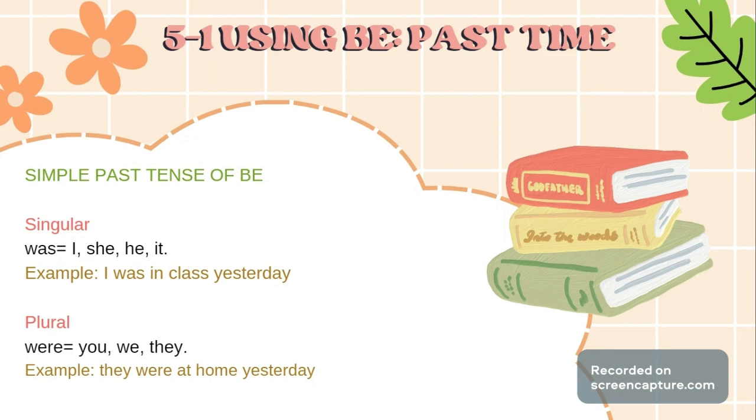We use was. The past forms of be are was and were. Was for singular and were for plural. Example: I was in class yesterday. And for plural, were. You, we, they. Example: they were at home yesterday.